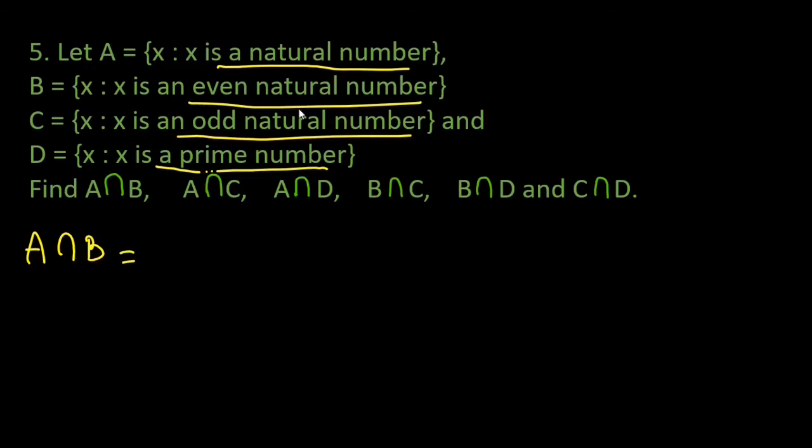So the intersection means the element should be in both the sets, in set A and also B. So B is even natural numbers.